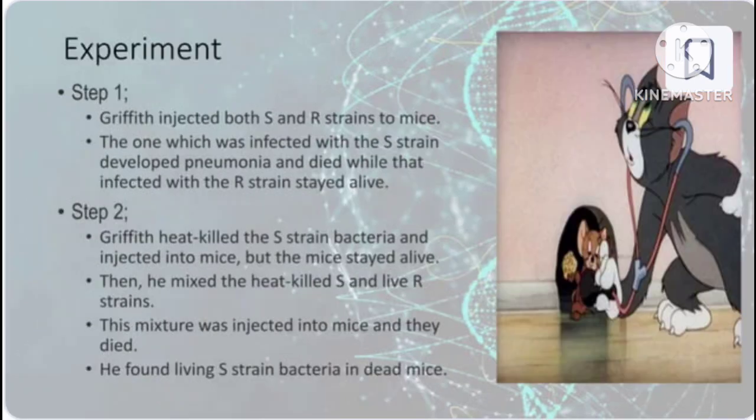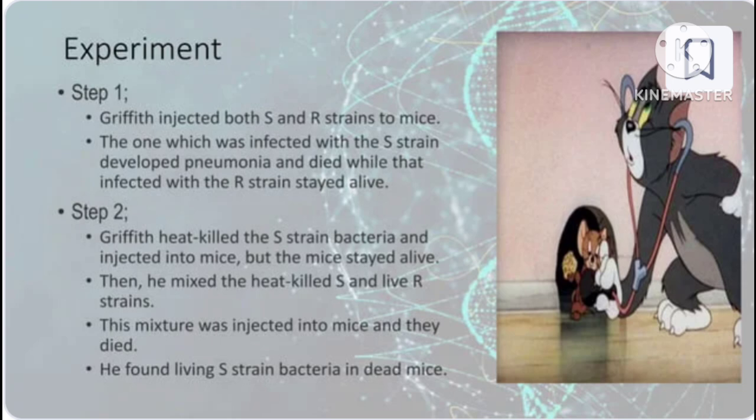Experiment step 1. Griffith injected both S and R strains into mice. The mice infected with the S strain developed pneumonia and died, while those infected with the R strain stayed alive. Step 2.